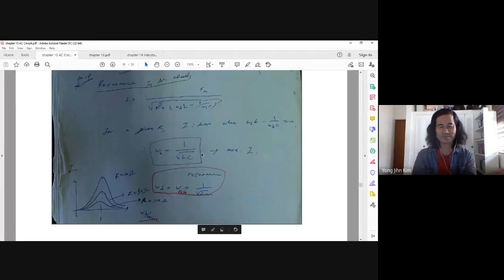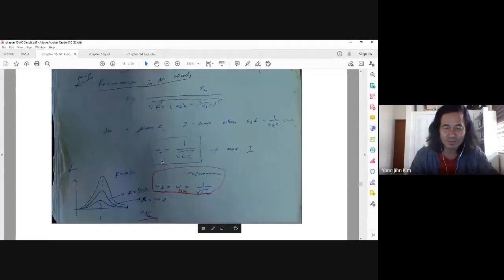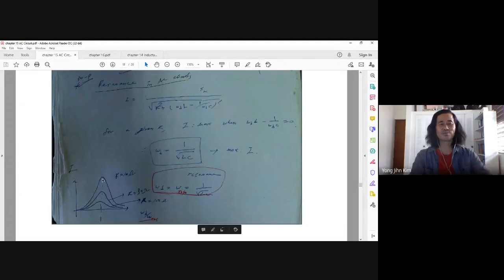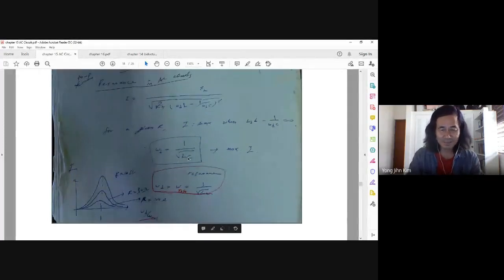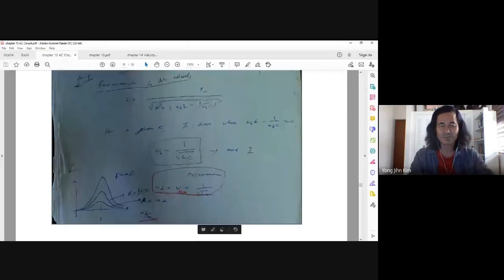So when the angular frequency is equal to this quantity, 1 over square root LC, the amplitude is maximum. This is called resonance. Current amplitude is maximum, and this frequency is called the resonance frequency, that is 1 over square root LC.